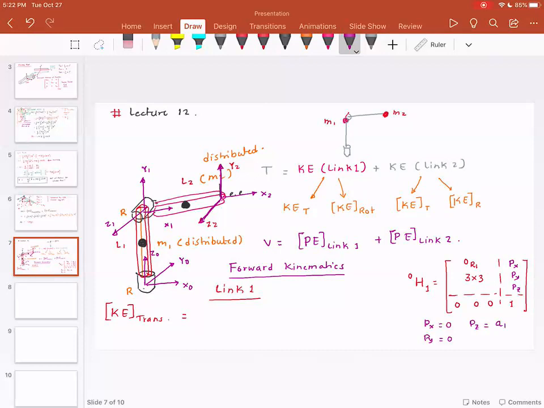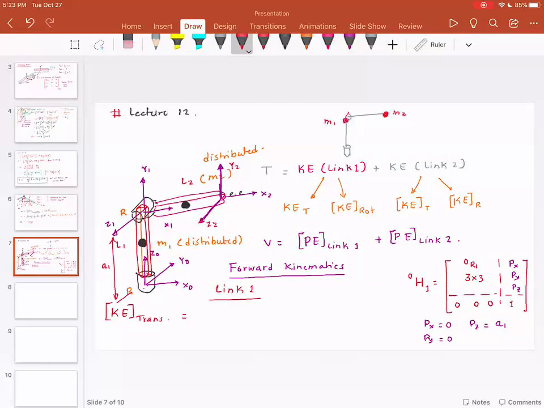Are you with me so far? If you look at your 0h1, you're going to have px equal to 0, py equal to 0, and pz equal to a1. What that means is this is a1. Now what I want you to do is, with this information, tell me the coordinates, the location of mass m1.